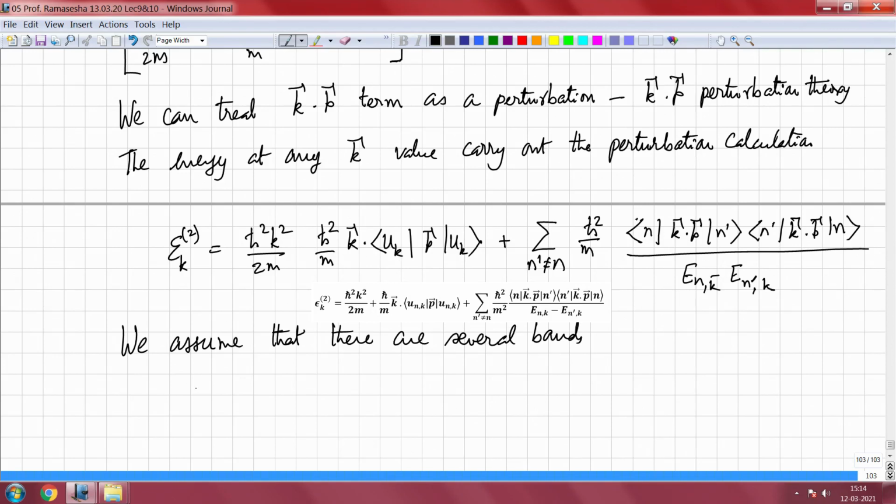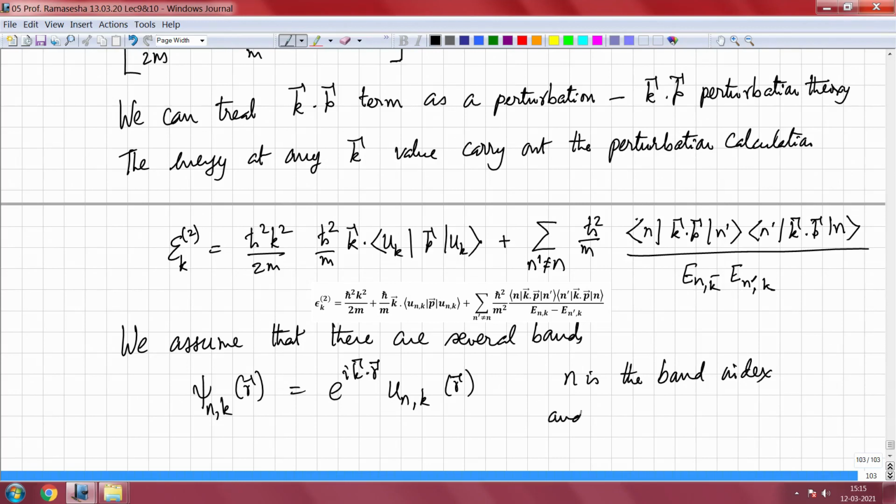So, the wave function is actually given by ψ_{k,n}(r) equal to e^{ik·r} u_{n,k}(r). Usually one writes down n comma k. So, n is the band index and k is the wave vector.